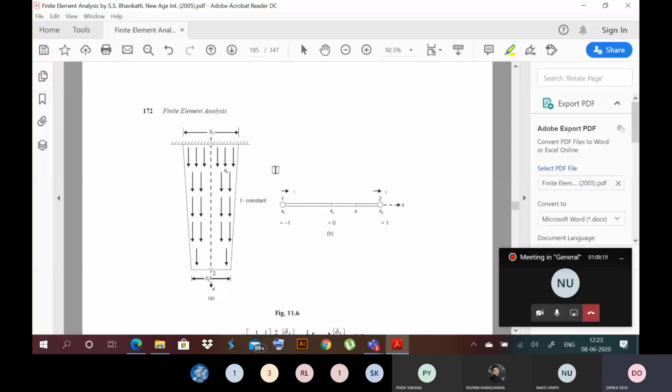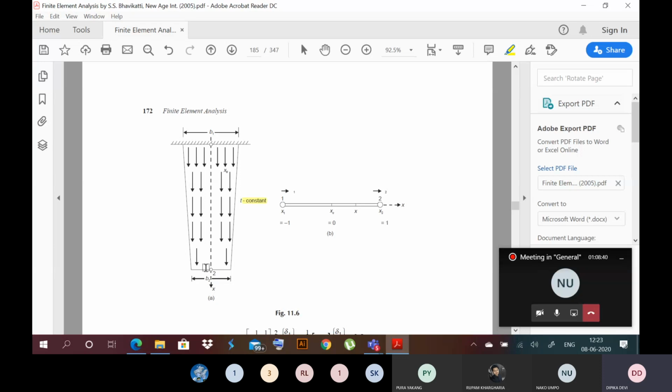That is one possibility. But there is another possibility, what they have used here: we can consider the variation of area. Here area is B1 T1, here area is B2 T2. Or T is constant throughout, so B is varying.